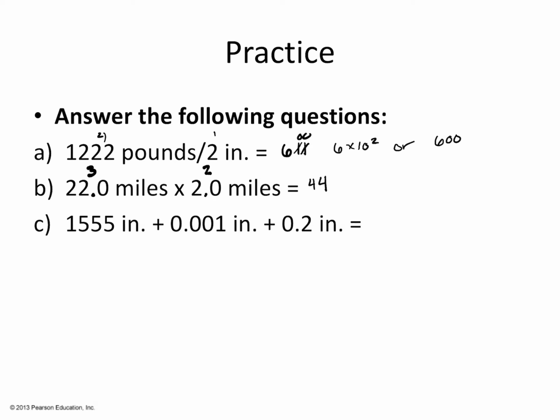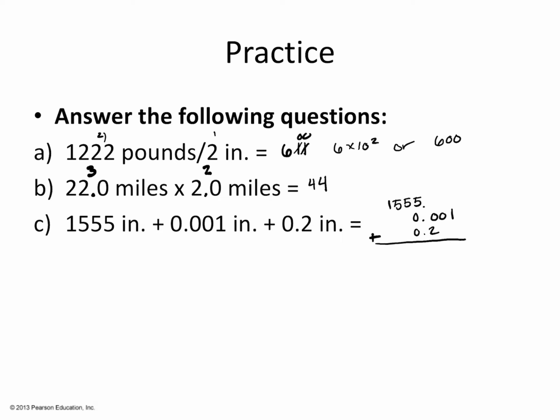1,555 plus 0.001 plus 0.2 inches. You're adding here, so you're looking for the least number of digits after the decimal point. Let's stack them. 1555 has that invisible decimal here. Then 0.001. Then 0.2. So let's add them together.